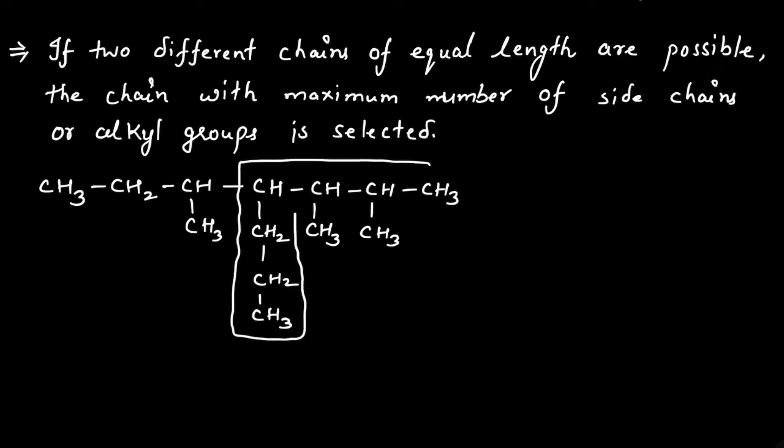Suppose I select this as the longest continuous chain having 7 carbon atoms, but this chain has 3 substituents.